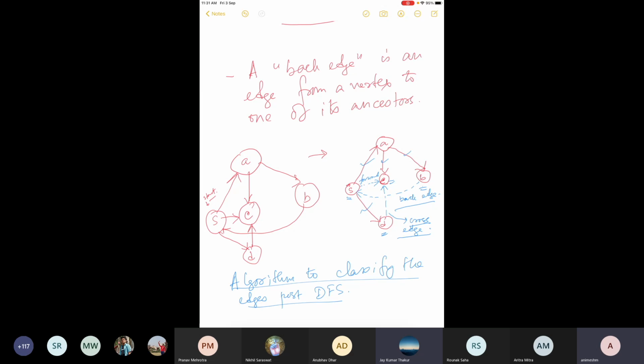First of all, you have to find out whether it's a part of the tree or not. It is not part of the tree. Then your question is what edge it should be. It depends on which direction it is. Sir, it is from B to C. If it is from B to C, okay, let us draw it.